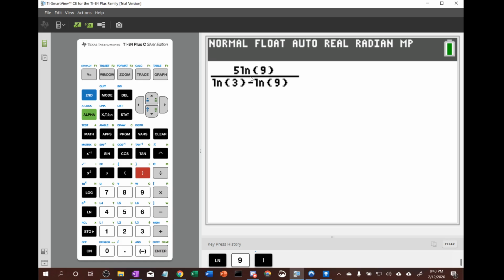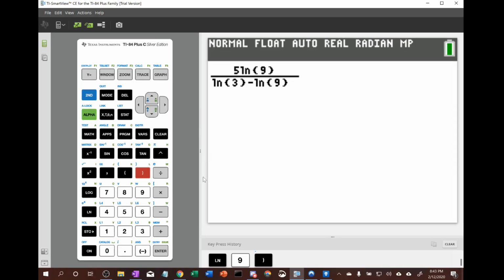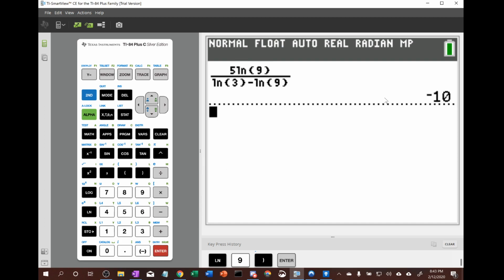So this looks just like the expression we had before. Okay, let's hit enter and see what it is. Negative 10. How interesting. That's interesting. And now I think I see why. Now I think I see why that's so interesting.